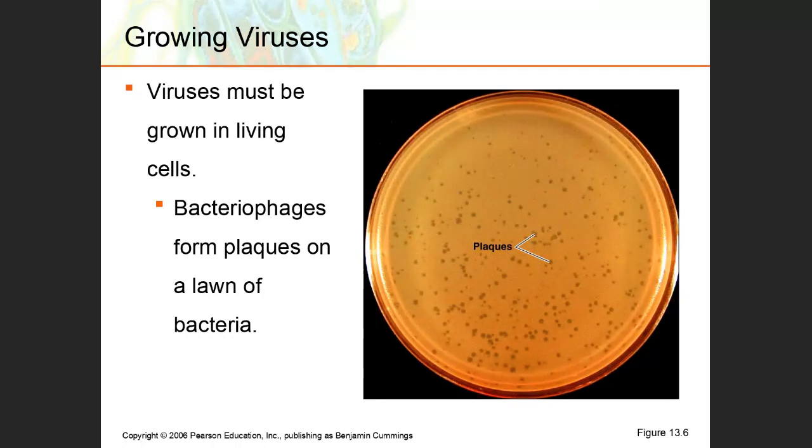As the bacteria grow and reproduce, they completely cover the entire surface of the agar with bacteria. As the viruses reproduce, they kill the bacteria and leave holes in the growth. We call those holes plaques. And so wherever you see these dark spots, those are clear zones, plaques, which are full of virus.